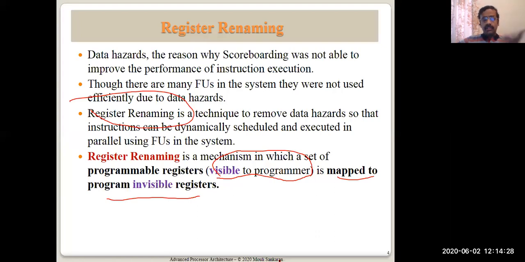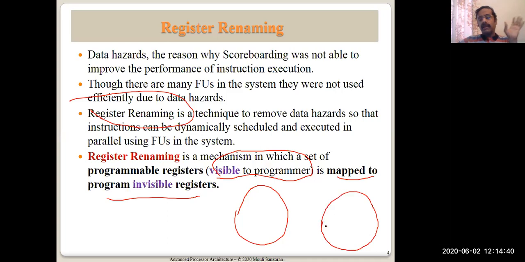The programmer cannot access those registers directly. They don't have a name that you can use in the instruction. You can still use only what is there in the register set, but we have many temporary registers which are internally used by the processor to execute the instructions.